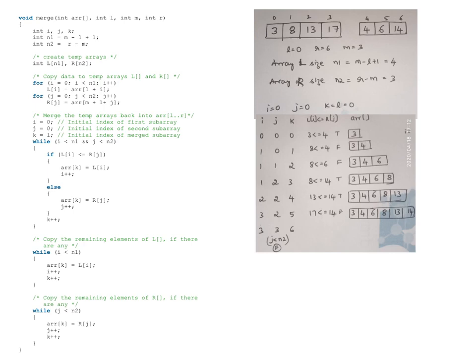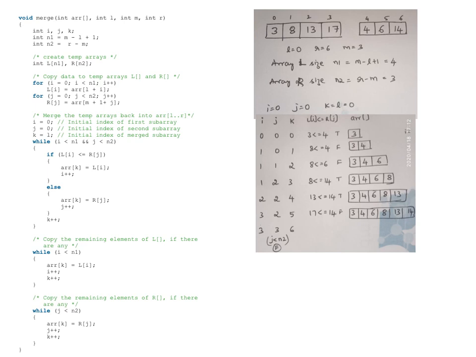So what I'll do here is, your I and j indices have been initialized as 0, 0, k is also 0, which is L. Here I'll compare the first element of the array with the first element of the second array, right array. So 3 and 4, 3 less than or equal to 4 is true. So I am going to push the lesser element, which is 3, onto the array.